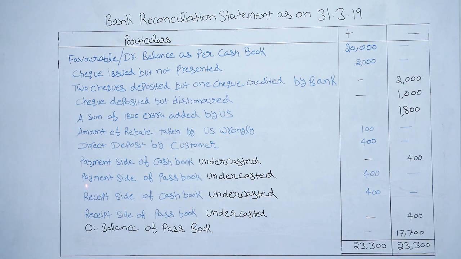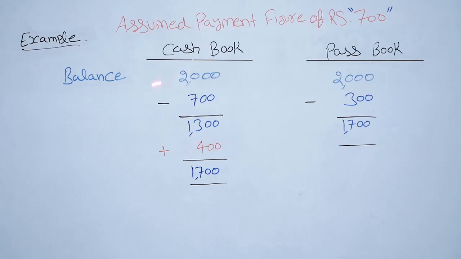Now we will understand payment side of passbook undercasted through example. Cash book balance 2000, passbook balance 2000. Here payment side of passbook undercasted by 400 rupees. This time in passbook 400 rupees is less written. It means bank must have written 300 rupees instead of 700 rupees.